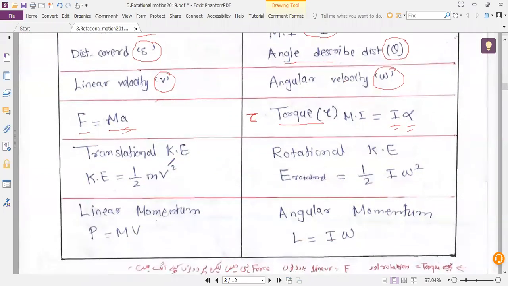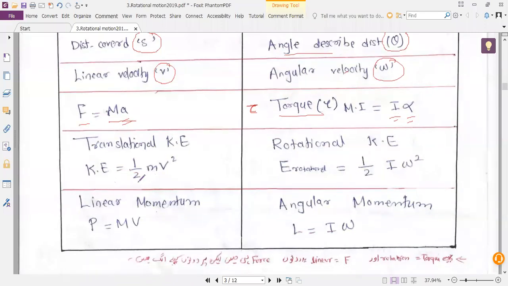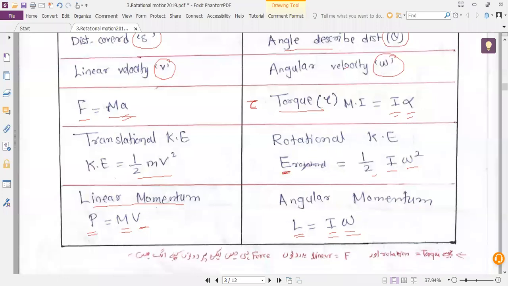Now kinetic energy is half m v squared, but in rotational motion, rotational kinetic energy E_R is equal to half I omega squared. In linear momentum, the formula is P equals mass into velocity, but in rotational motion it is angular momentum L, which is inertia into angular velocity omega. I hope you understand how we convert these symbols.